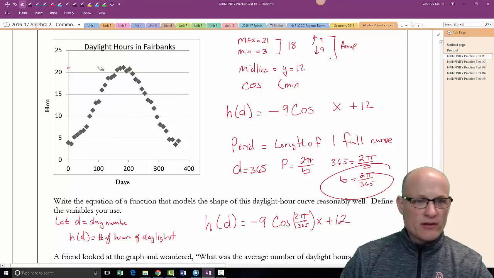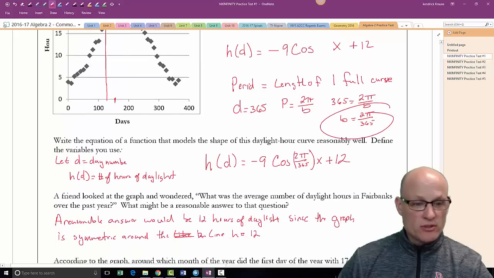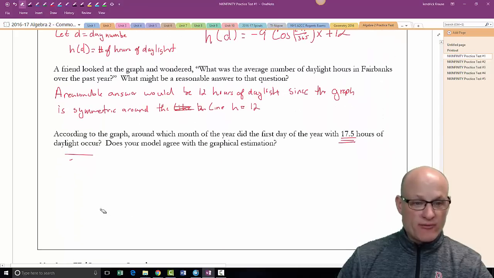So there's my doggy. He's having fun with somebody. 17.5 would be halfway in between here, right? So if I do that, okay, so this would be 150. So I'm going to guess that's around, I don't know, 120 days. So again, you can come up with a different answer so long as it makes sense.